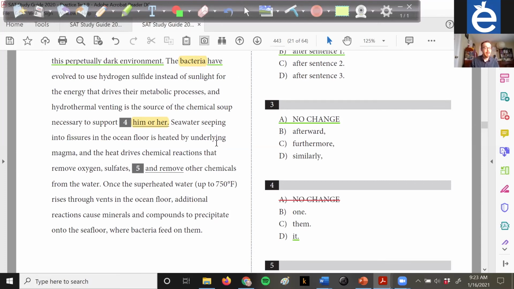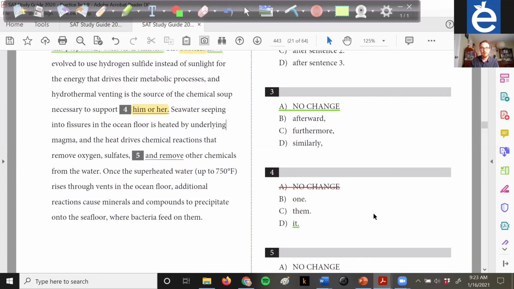The name for one bacteria, by the way, is bacterium. You don't have to know that. You really just have to look at the clues here to know that we're dealing with something plural. And the only plural, gender-neutral pronoun here is "them."